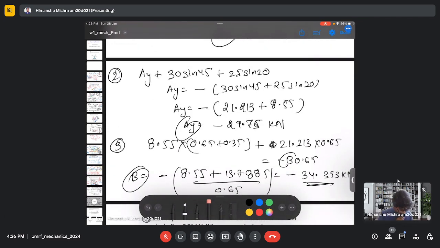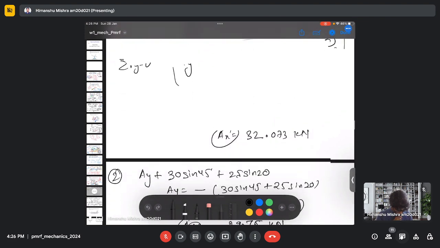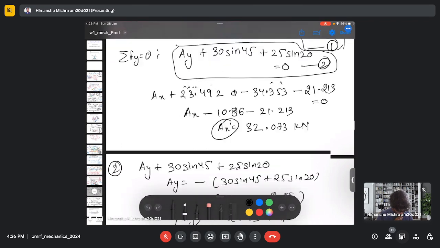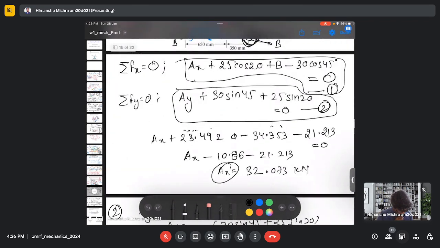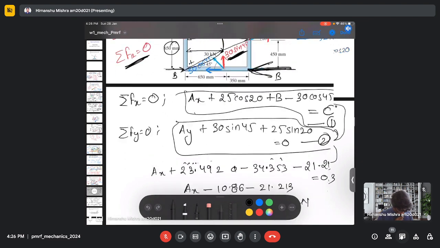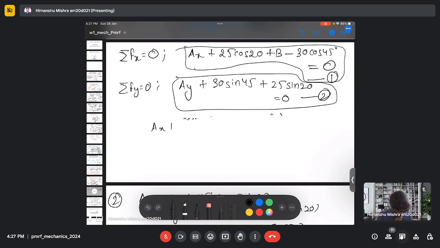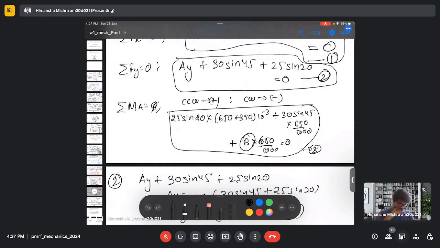This is equation 3. Well, I guess I think I have, yeah, this was my equation number 3 here.